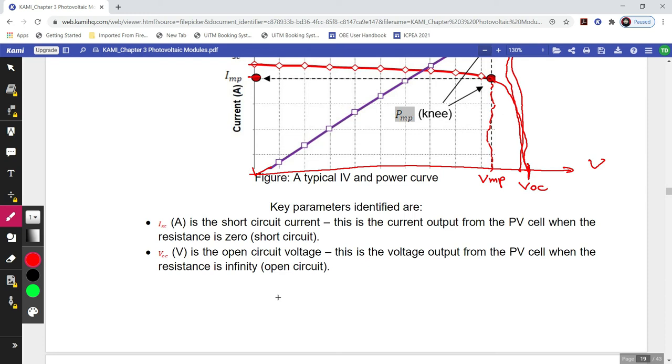This is the voltage output from the PV cell when the resistance is infinity. When the resistance is infinity, the current cannot flow, which is I equals 0. So you get VOC here.